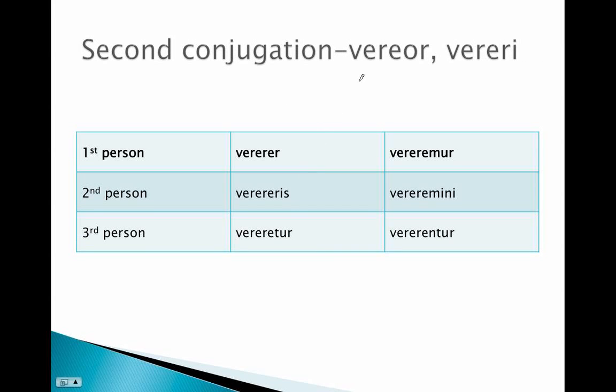And in the second conjugation, for the imperfect subjunctive, we take our second principal part, drop off the I and change it to an E, and add the personal endings. So werere, werereris, wereretur, wereremur, wereremini, wererentur.